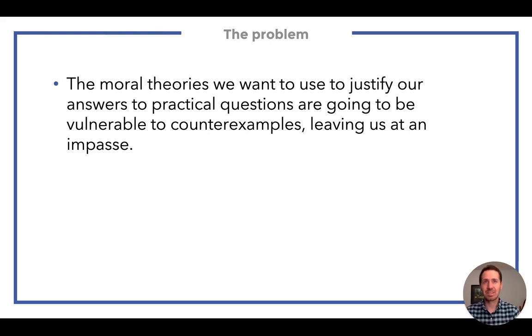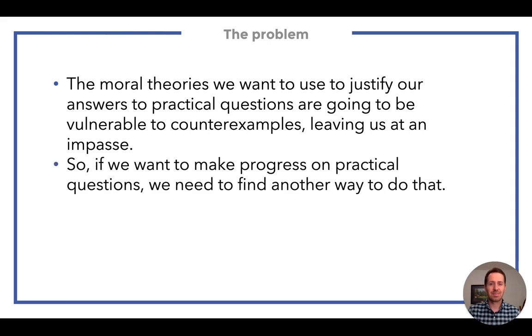Whereas the consequentialist says, look, it maximized utility, and so yeah, she did the right thing. If we're stuck thinking about practical questions from the theoretical perspective, then we can't make any progress. We're just going to double down on our theories. But we want to make progress, and if we want to do that, then we need to find some other way to do it.